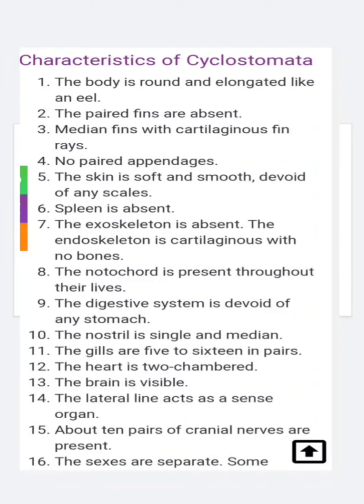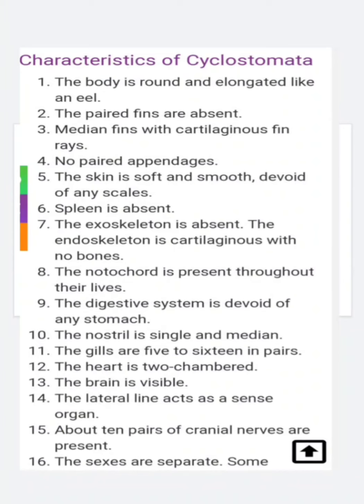And coming to the reproductive system, in these cyclostomes the sexes are separate, that is unisexual animals. Some are hermaphrodites, and the gonad is single and very large, and the gonad doesn't consist of any gonoduct, but segmental ducts are present.